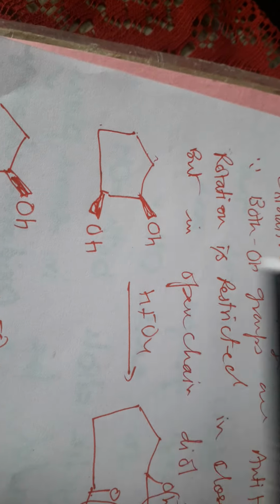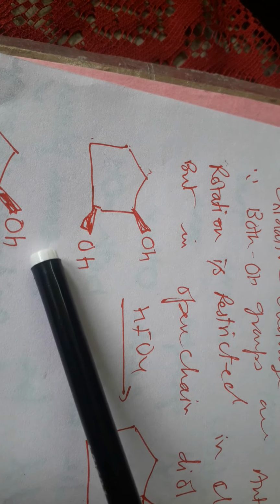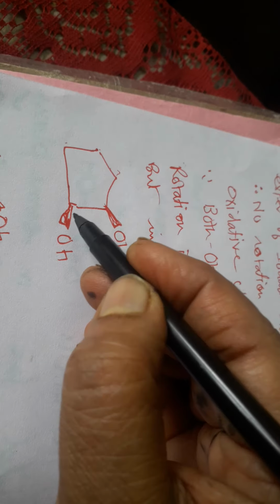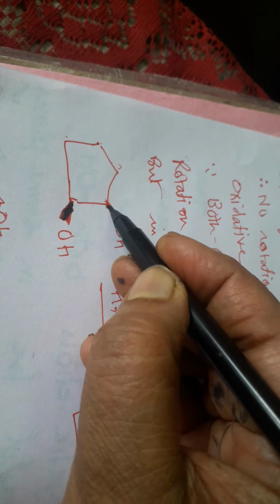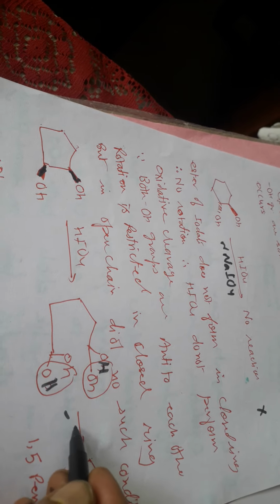Here I made cyclohexane 1,2 diol. Here I have given an example of cyclohexane, and also pentane 1,2 diol. The same case here: these are on the same side. With HIO4, one OH will come over here, one OH is already present, and one OH is provided from HIO4. So water will be lost, two water molecules minus.